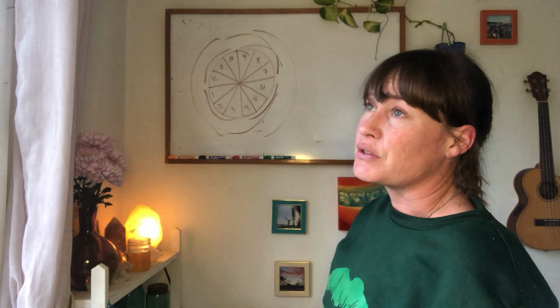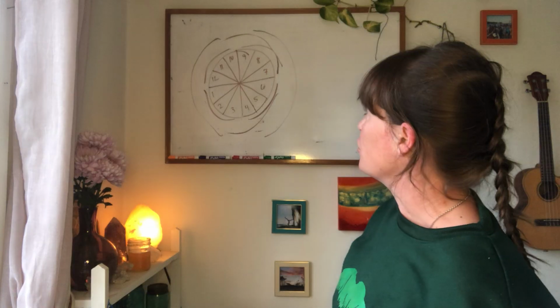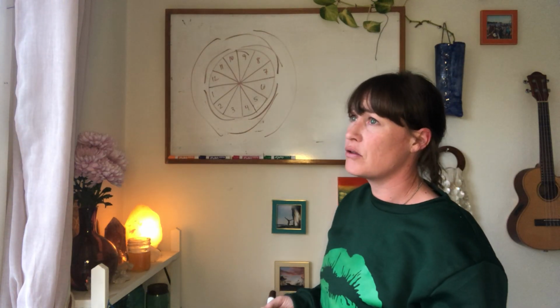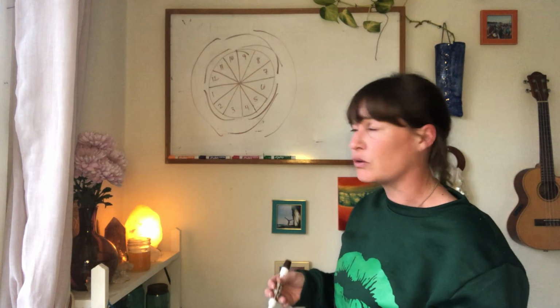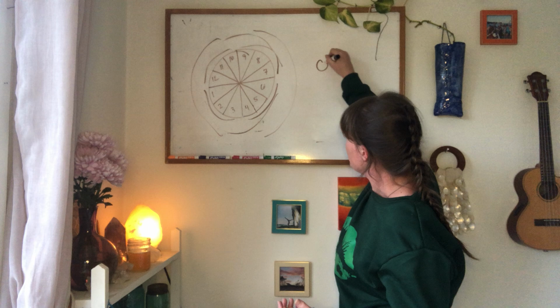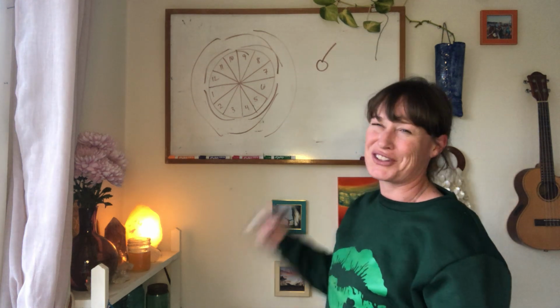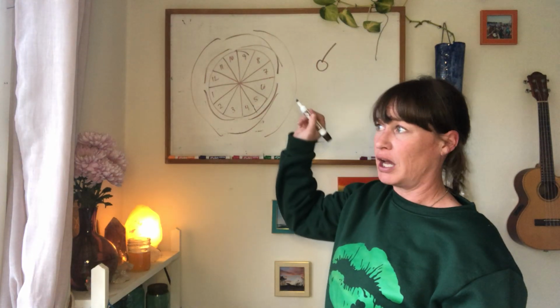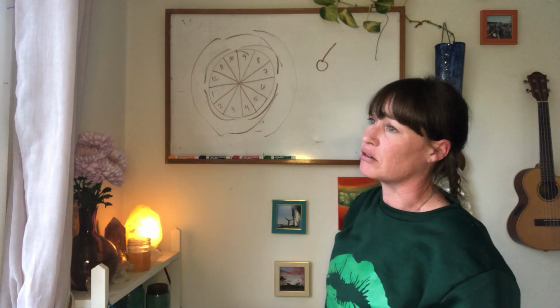But then also beginning to understand aspects, which essentially are the main ones that you start to learn about. The easiest one that you can learn about is a conjunction, which the symbol looks like that. It's a circle with a line coming out of it in the upper right diagonal.